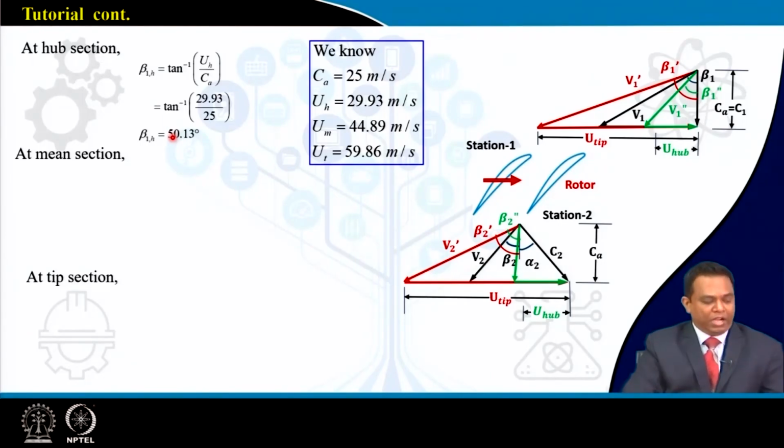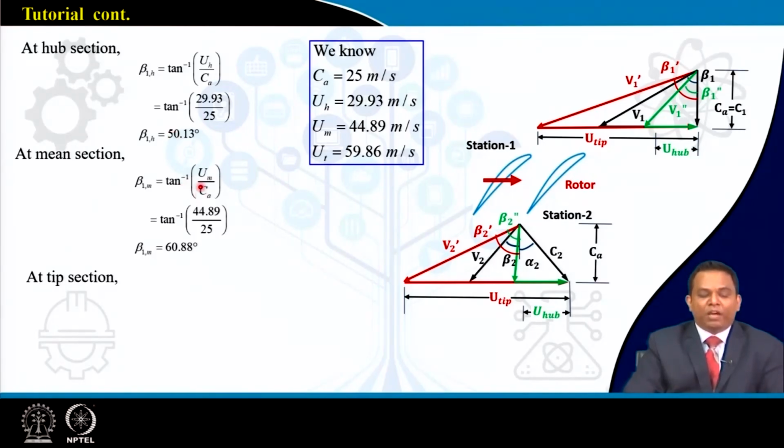Same way at the mid section, we can calculate my beta 1 as tan inverse of U by Ca. My peripheral speed at the midsection is known to me, it is 44.89 divided by 25. That's giving me my inlet angle, 60.88 degree.